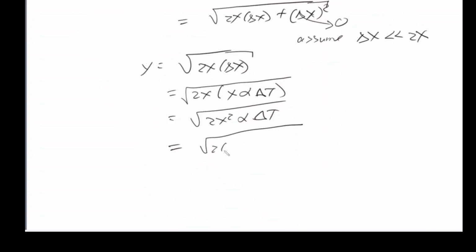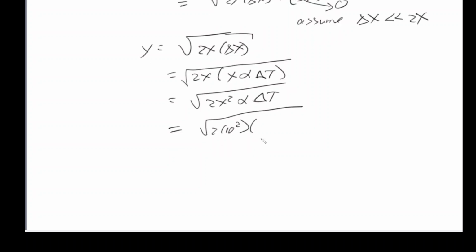So that's 2 times 10 squared times alpha, which is given as 12 times 10 to the minus 6, times the change in temperature, and we were told the temperature raises by 25 degrees.